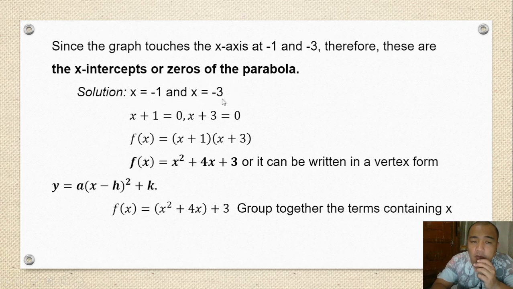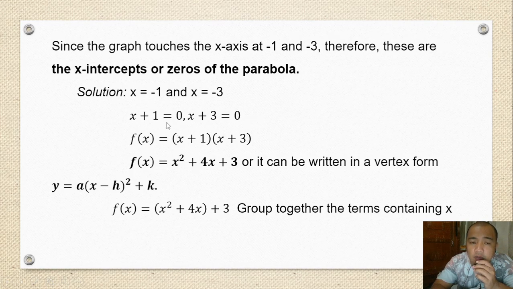And then, from what we've learned in our past lesson, finding the equation of a quadratic function given its zeros, we can solve this by solving quadratic equations by factoring backwards. So if x equals -1, we have x plus 1 equals 0, x equals -3, x plus 3 equals 0.